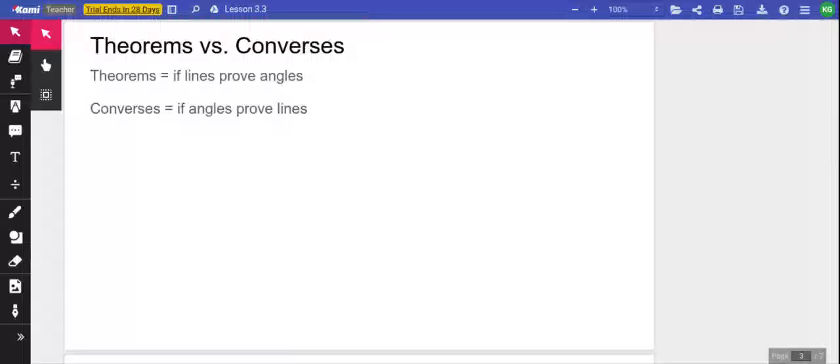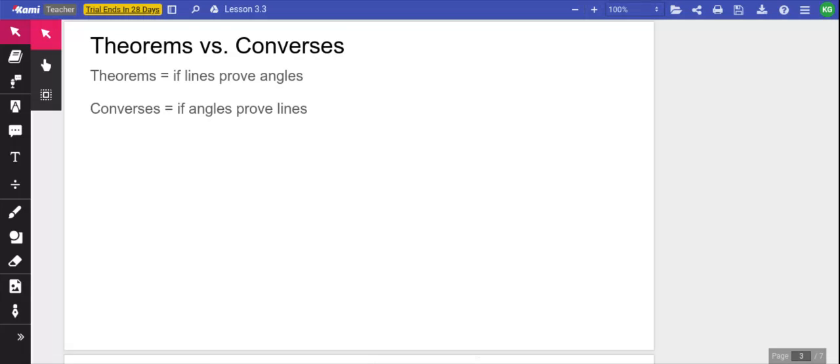Okay, first thing we're going to talk about for proving lines parallel is the difference between the theorems, which we discussed yesterday, and the converse. If we're saying that two lines are parallel and we're proving angles are then congruent, that is the theorem we talked about yesterday.